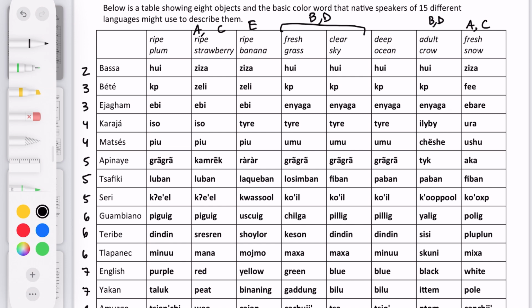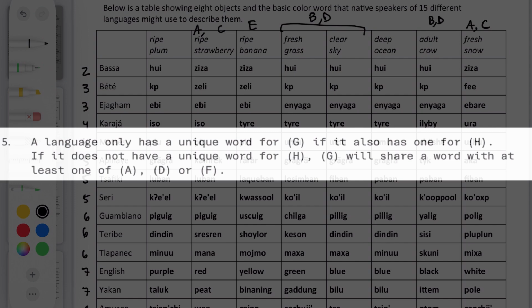Okay, now if we jump to rule number 5, we can see that a language only has a unique word for G if it also has one for H. If it does not have a unique word for H, G will share a word with at least one of A, D, or F. And basically what the second part means is that H and G are always going to either be 1 and 1, so H will have one unique term and G will have one unique term, or they're going to be multiple and multiple.